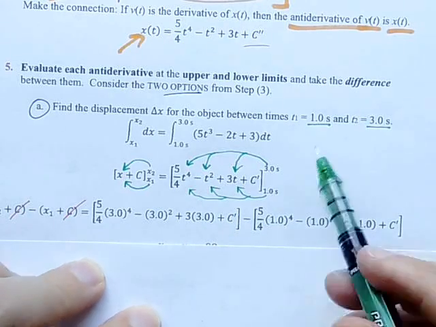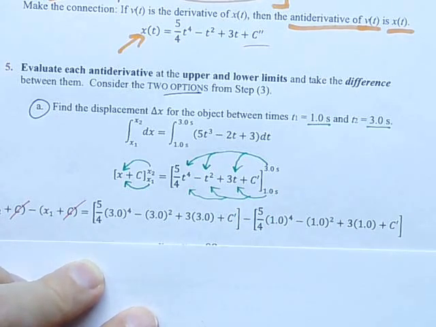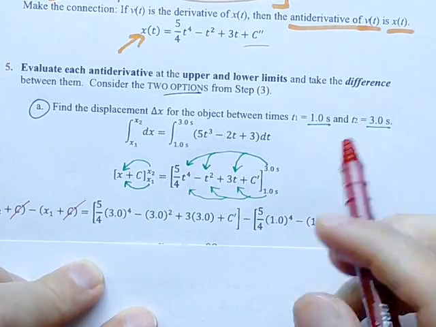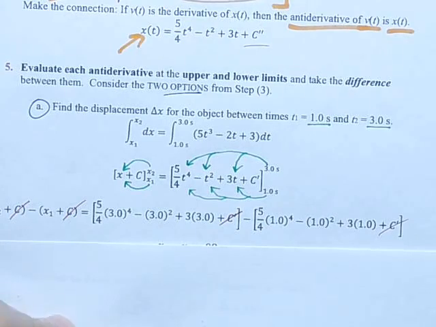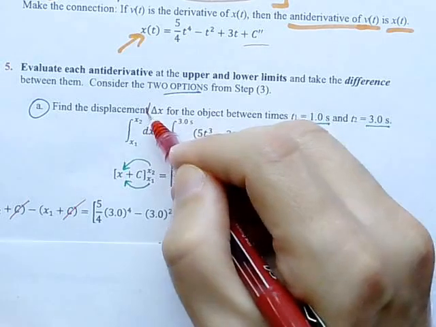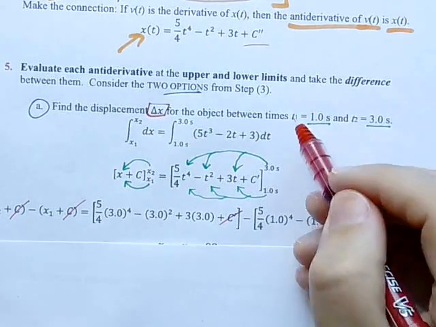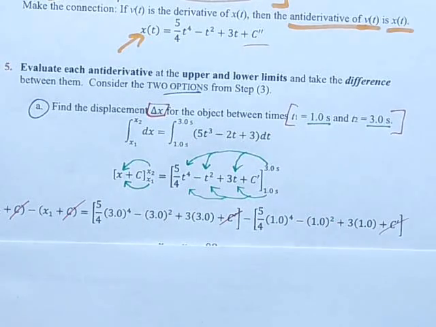On this side, there's an unknown constant term, c prime. We don't know what that constant is, but we can see that c prime minus c prime is going to cancel. How nice. We don't need to know what that constant term is if all we want to find is this specific displacement between this fixed lower and upper limit.